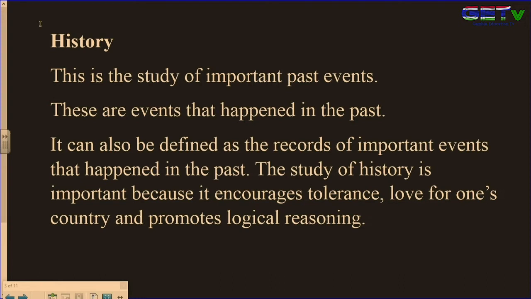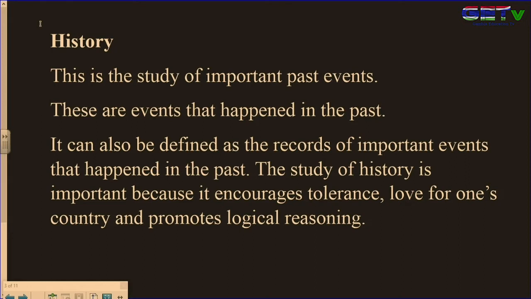History. What is history? This is the study of important past events. That is, things that have happened in the past. It can also be defined as the records of important events that happened in the past.